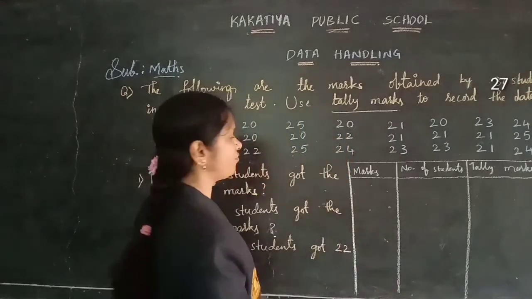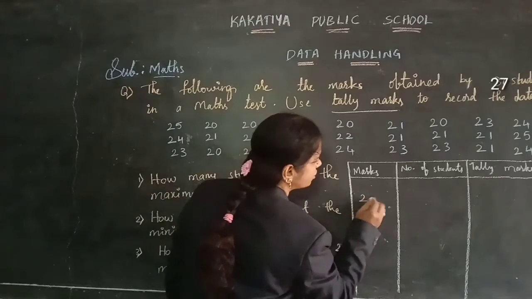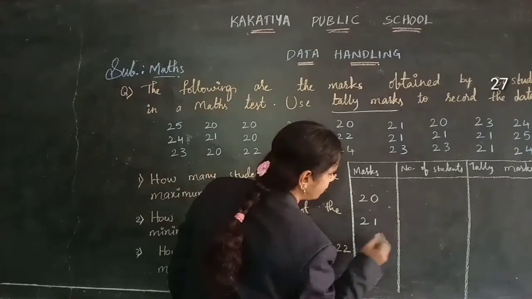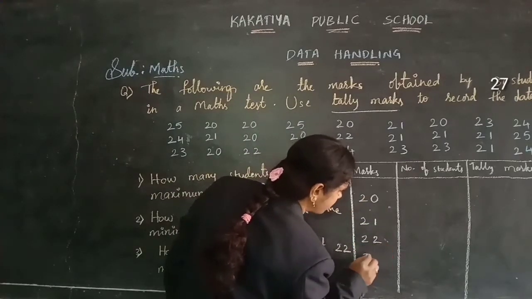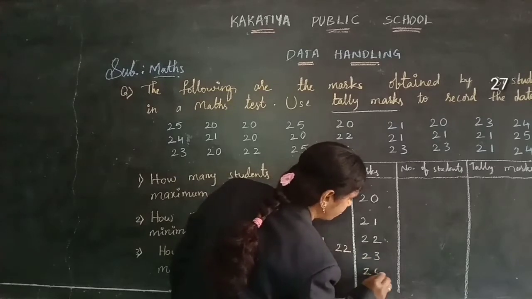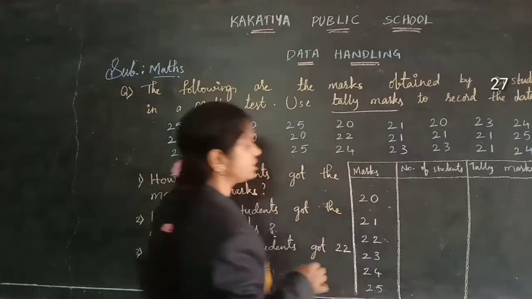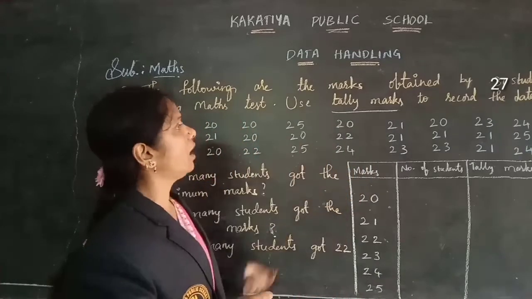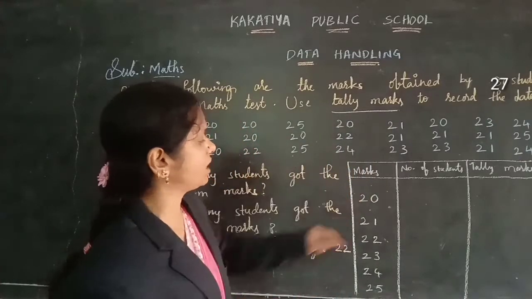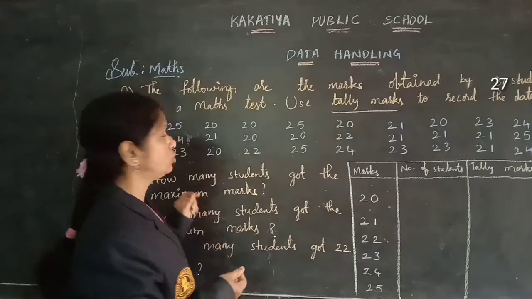Let's write what type of marks they got. First they got 20 marks, next 21, some got 22, some got 23, some got 24, and some got 25. These are the types of marks the students obtained. Now, 20 marks. How many students got 20 marks?